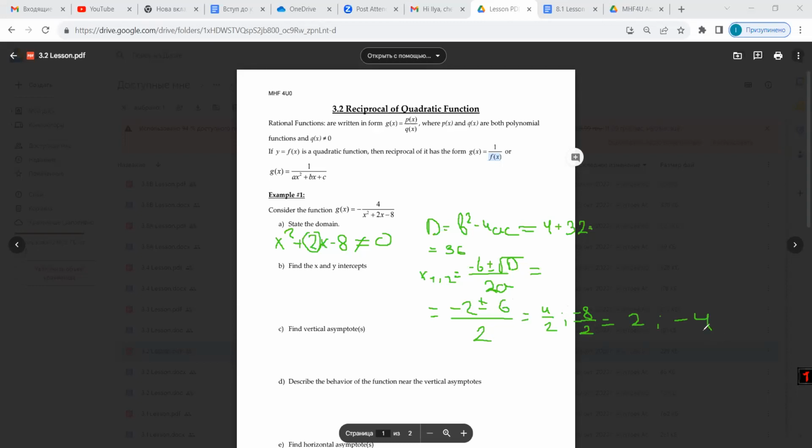Mohammed, unfortunately, you're wrong. Maybe you can prove that I'm wrong, but I found these other two roots, 2 and negative 4.